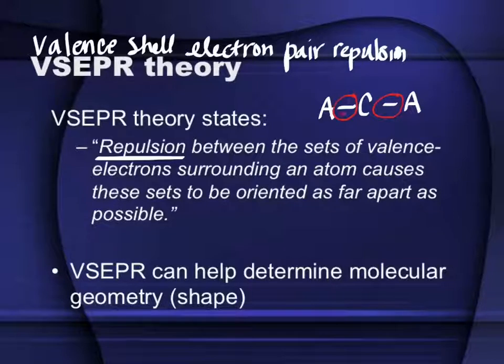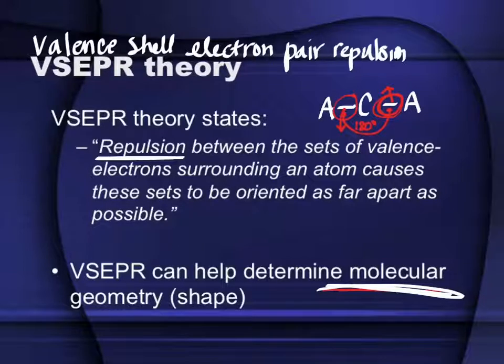So for this set of electrons to get far apart from this one, it has to be a 180 degree angle. If these electrons start to move closer this way, then these electrons are going to move the opposite way so that we can keep that 180 degree angle. This would determine the shape, or the molecular geometry, of the molecule.